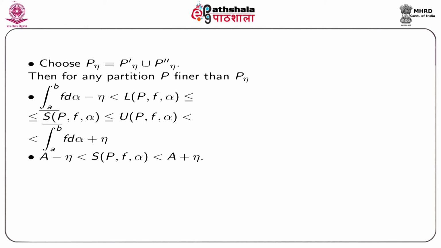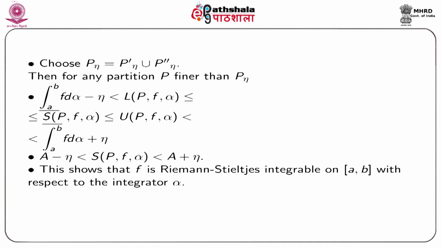And this shows that capital A minus eta is less than S(P, f, alpha) less than capital A plus eta, and consequently we have the observation that f is Riemann-Stieltjes integrable on closed interval [a, b] with respect to the integrator alpha with the value capital A.